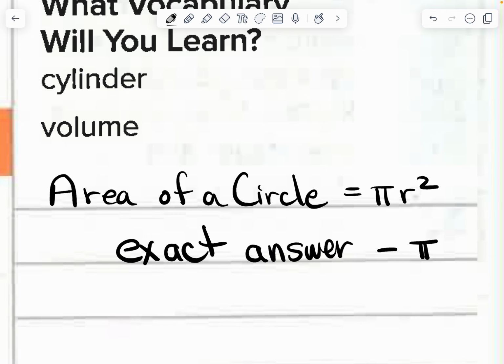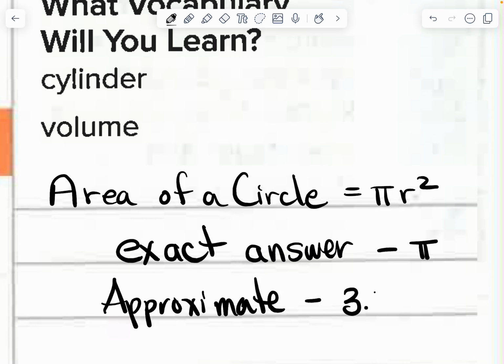If they want an approximate, we will be using 3.14. Now, some of you on your calculators actually have a pi button, so sometimes your answers might be a little bit different than everybody else's.